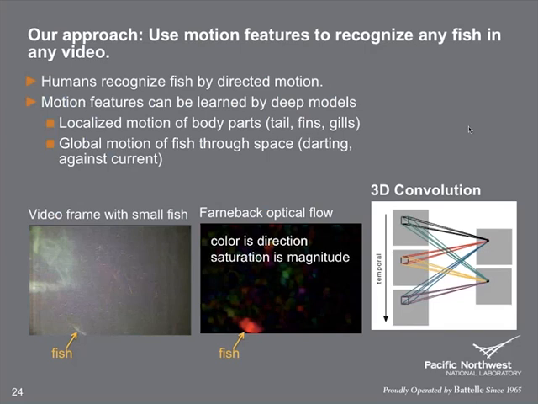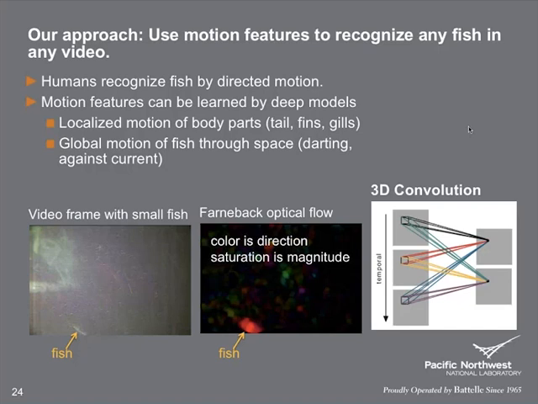And so you can think about motion features as two different types. It could be localized motion of just the body parts, the way the tail moves, the way fins may move, maybe even gills. And then also the motion of the fish through the entire space.